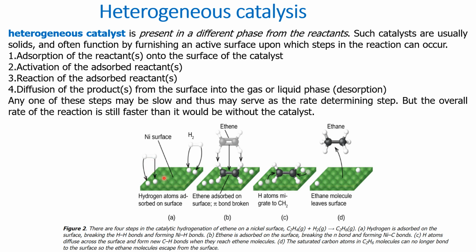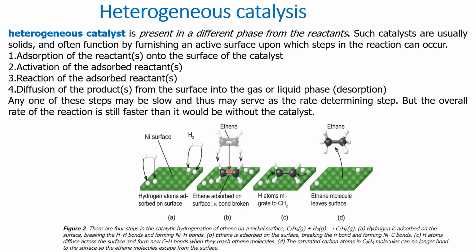hydrogen gas, and this gas is being adsorbed on the surface of nickel, and during the adsorption process its bond is broken and a new bond between hydrogen and nickel is formed. Actually this is a weak physical force, but this force is powerful enough that it breaks the mutual bond of the hydrogen atoms.